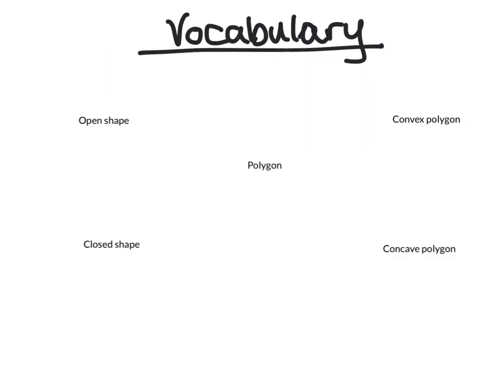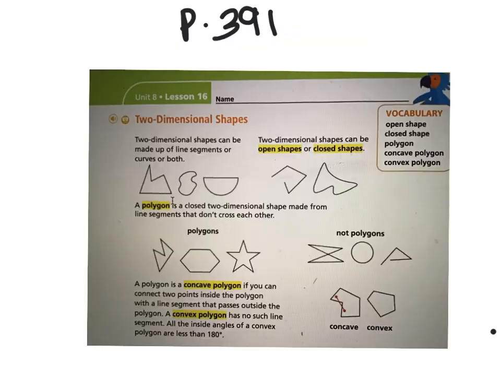Before we begin, let's look at the vocabulary words that you are going to come across for this guided practice: open shape, closed shape, polygons, convex polygon, and concave polygon. This activity book has a great layout of all the different meanings behind the vocabulary words. So the first thing I want you to do is to follow along with me as I read what each one says.